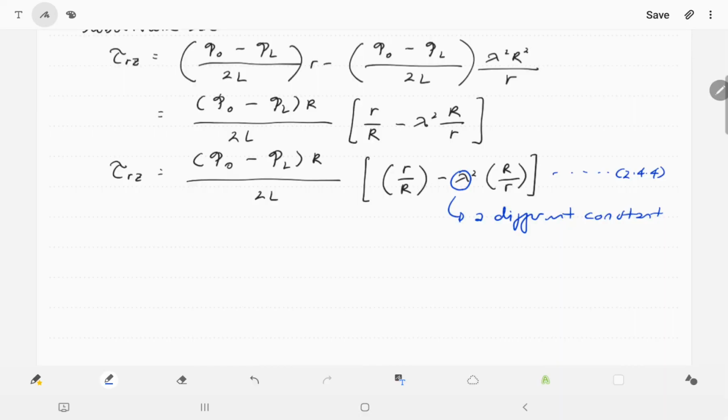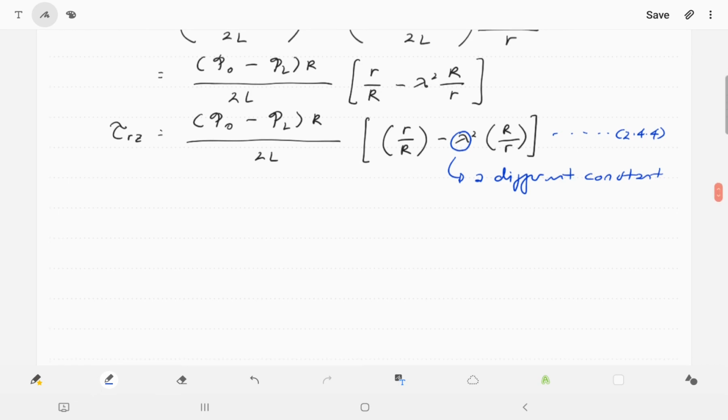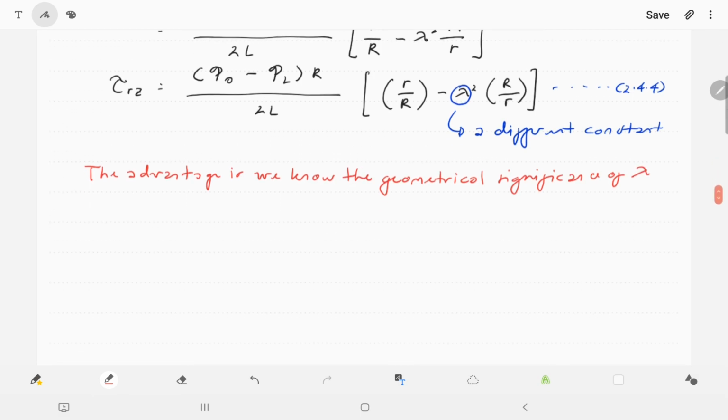So mathematically speaking, the form is equivalent, except that the constant C1 has been eliminated in favor of this lambda. But there is an advantage in here. The advantage is that we know the geometrical significance of lambda.